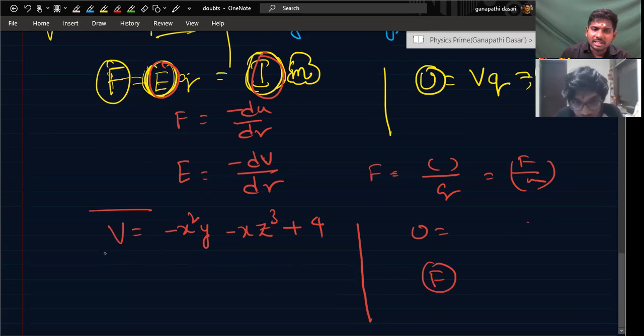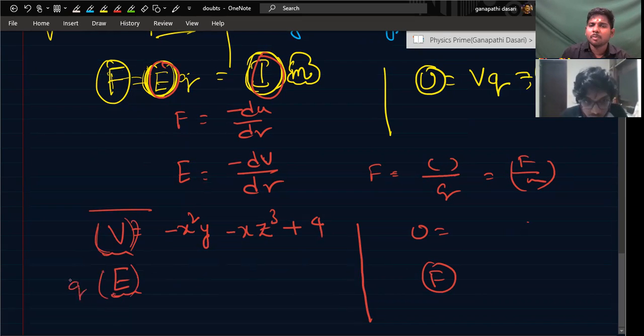Now potential is given, you will know how to find the electric field. You multiply V with Q, you will get potential energy. Like that, electric field E, you multiply with Q, you will get force.